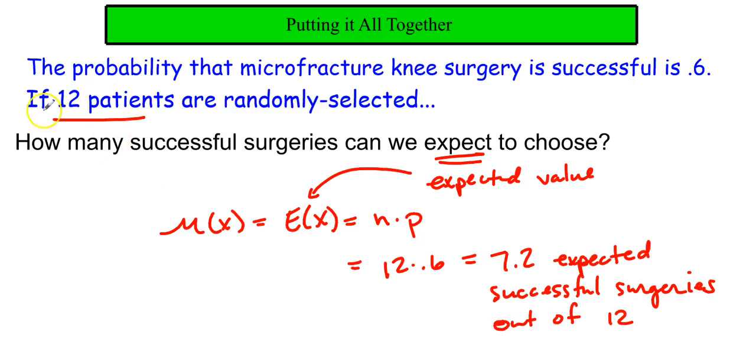Obviously, depending on how many trials you run or how many patients you randomly select, that expected number of successes is going to change. So the mean of this particular distribution we can just calculate using n times p.